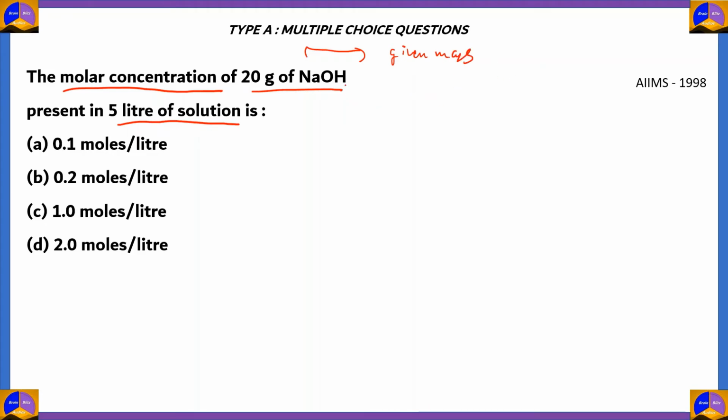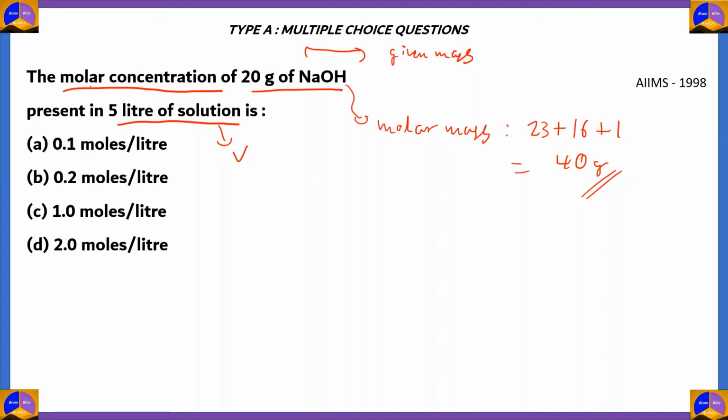So it's convenient to know the molar mass. So molar mass of NaOH will be 23 plus mass of oxygen, which is 16, plus 1. That will be equal to 40 grams. And the volume is 5 liters.